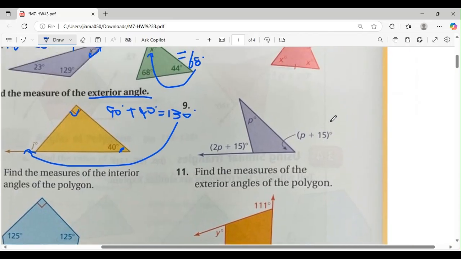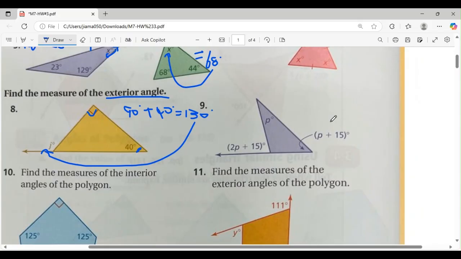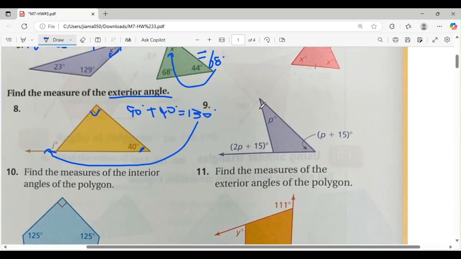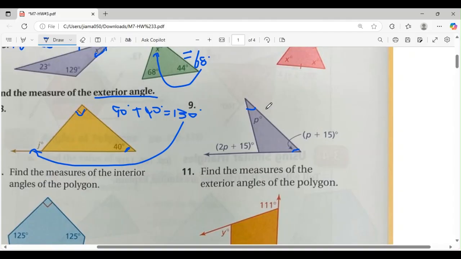This one, let's see. We can do this question like the last one, adding them together, which equals 2p plus 15 degrees.